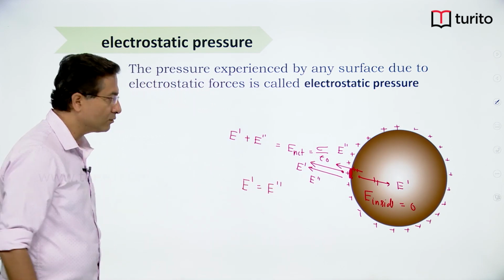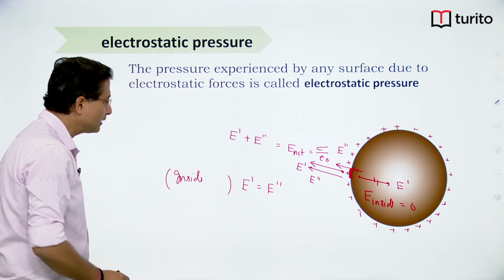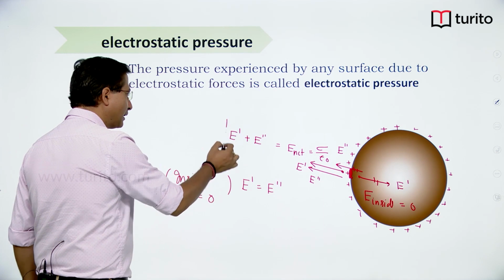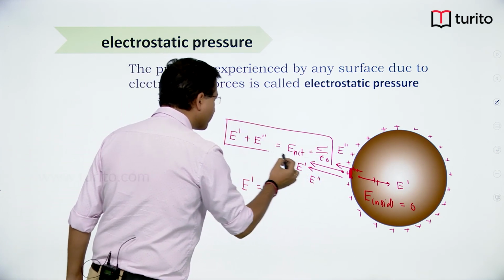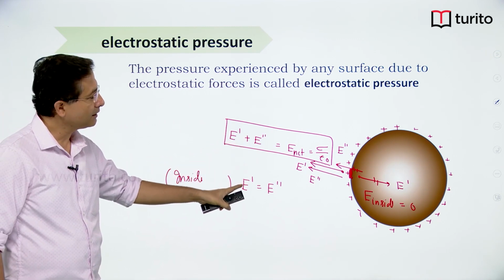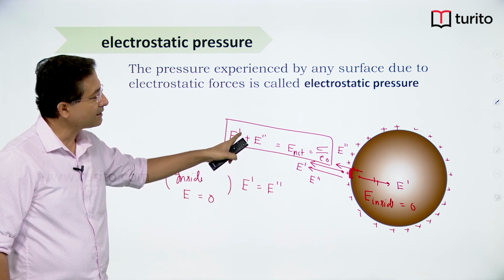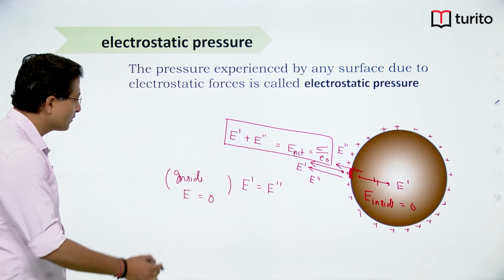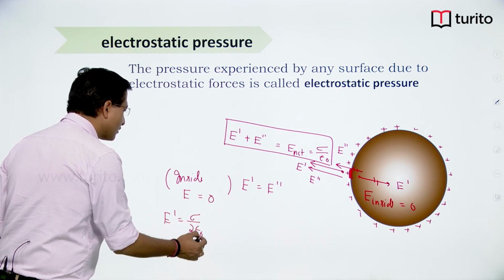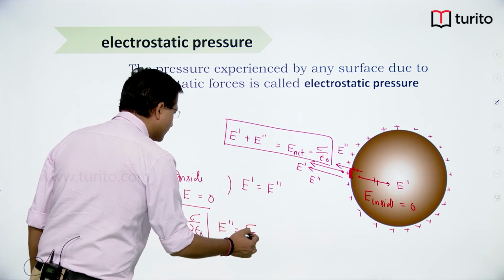If I substitute this in the expression, E dash is equal to E double dash, that means E dash is equal to sigma upon 2 epsilon naught, and E double dash is also sigma upon 2 epsilon naught.